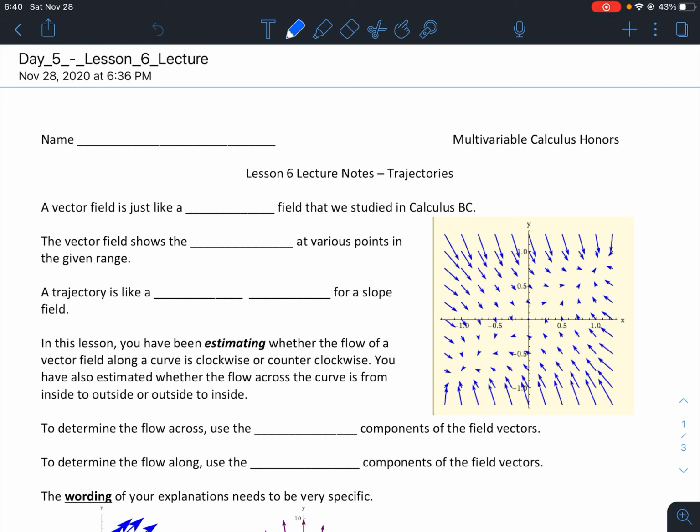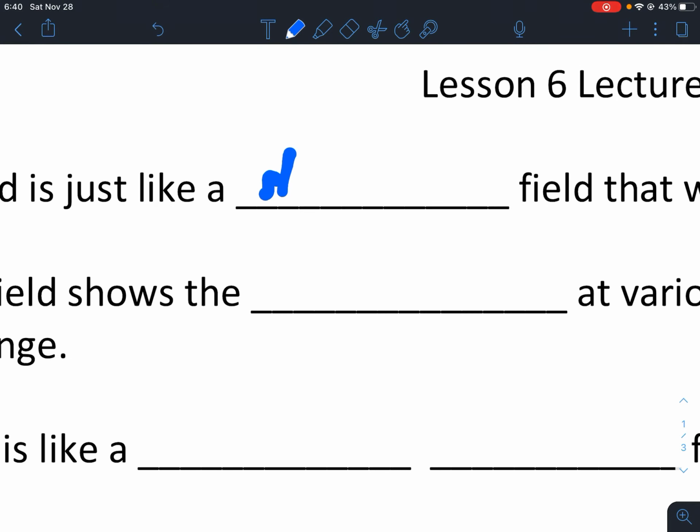Let's get started. To start, a vector field in 3D is just like what you studied last year, a slope field in 2D.